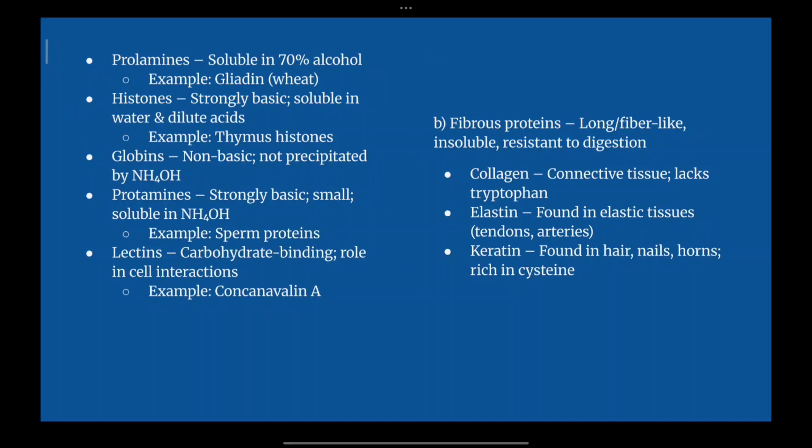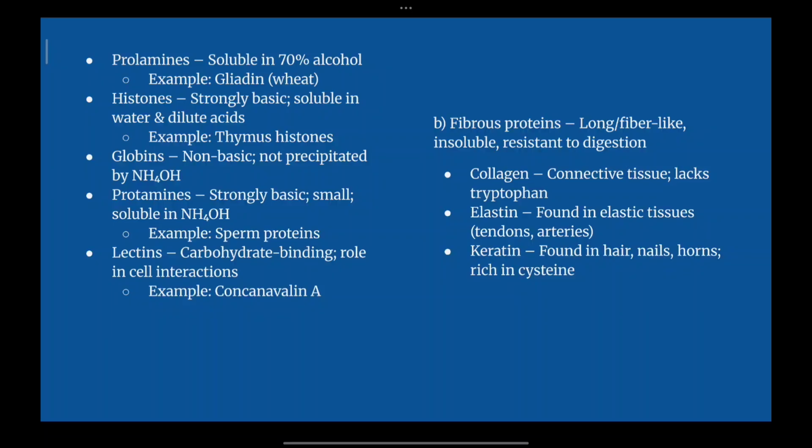Prolamines are soluble in 70% alcohol. Gliadin, which is present in the wheat, is a type of prolamine. Histones are present in the chromosomes. They are strongly basic, soluble in water and dilute acid. Some examples of histones are thymus histones. The globins are non-basic and not precipitated by ammonium hydroxide.